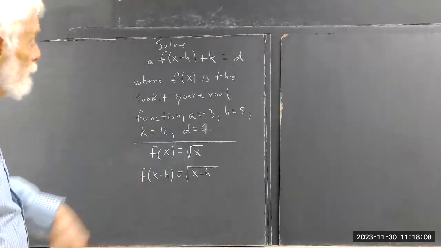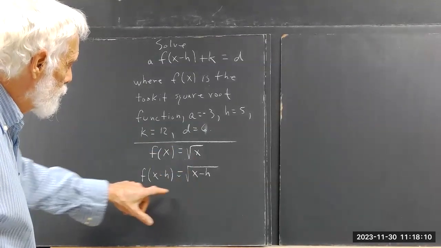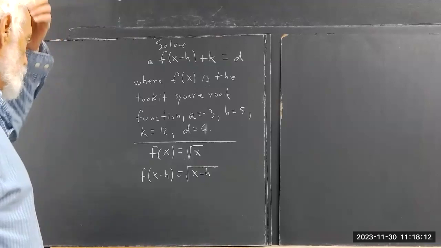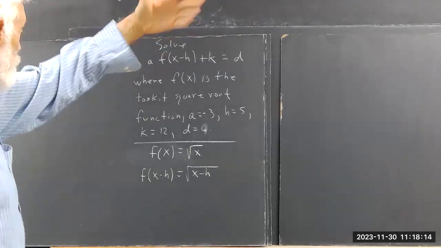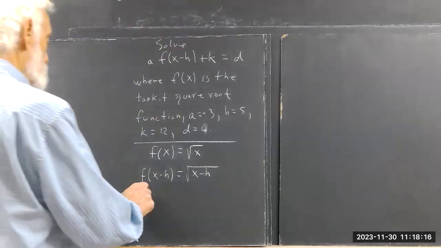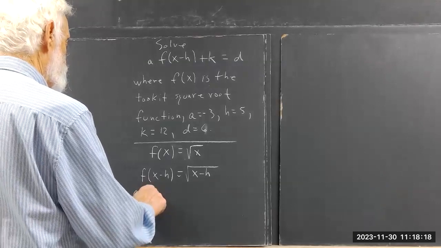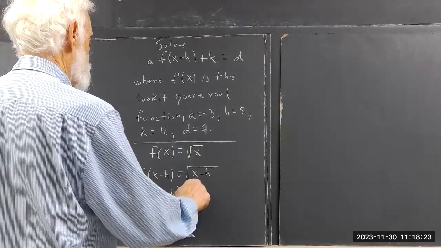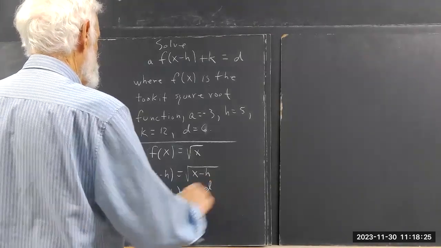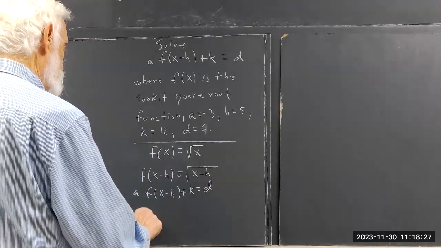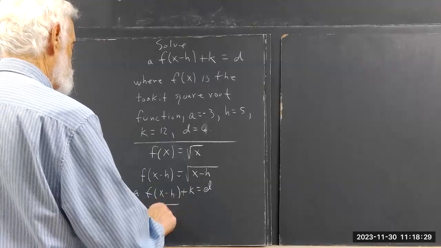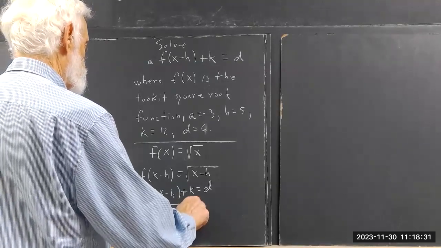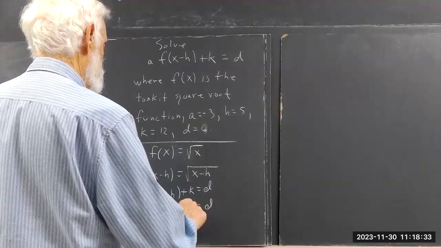Now, f of x equals square root of x, so f of x minus h is the square root of x minus h. Well, the rest of it is really easy, so that a f of x minus h plus k equals d becomes a times the square root of x minus h plus k equals d.